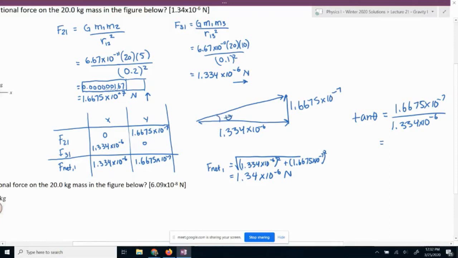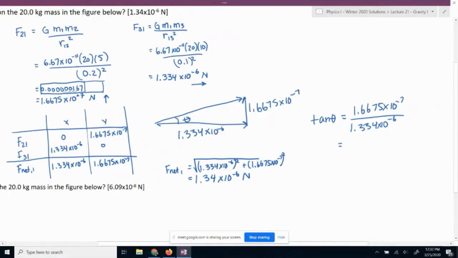And when I find my angle, tan theta equals opposite over adjacent. So I should be able to find my theta here, which is the tan inverse of that fraction. 7.13 degrees. So my F net would be 1.34 times 10 to the negative 6 newtons.